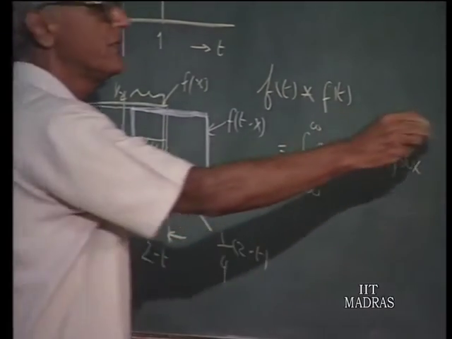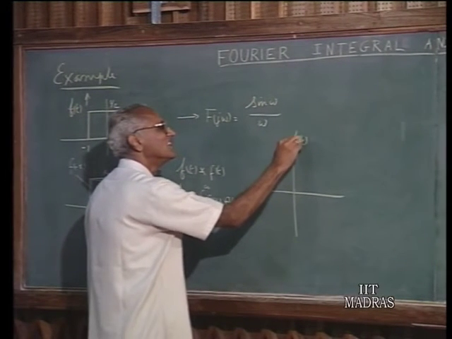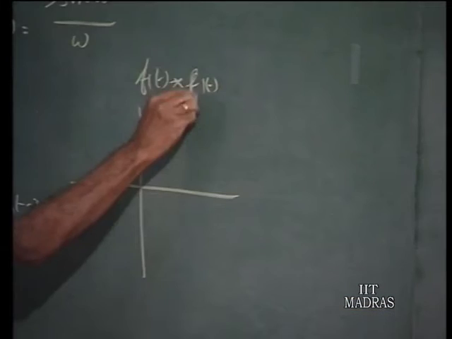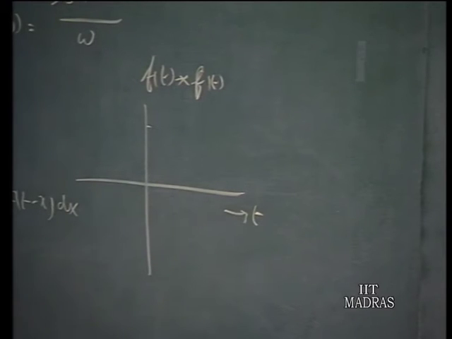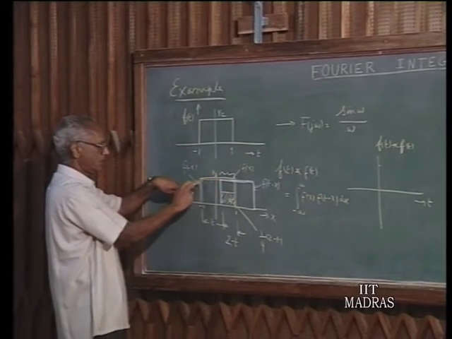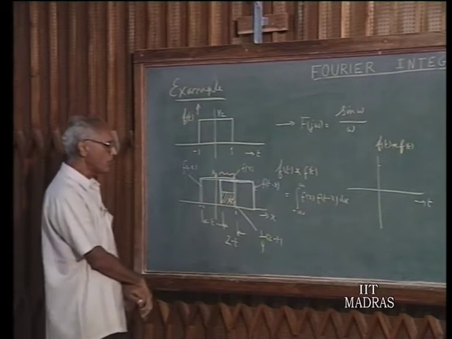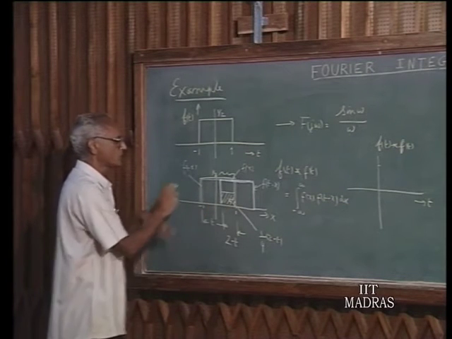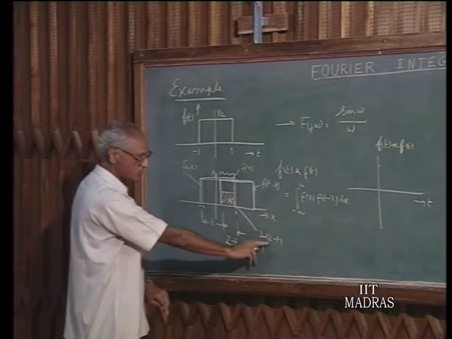Therefore, the variation of f t convolved with f t would be, for positive t, when t equals 0, we have to take these two, the f of minus x and f of x multiplied together, that will be 1/4 lasting for 2 seconds, therefore, it will be half, but then as t progresses, this reduces in this manner.